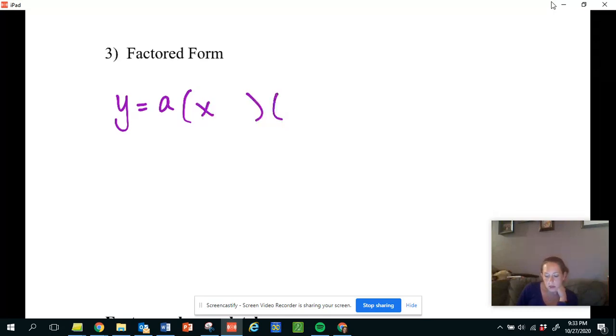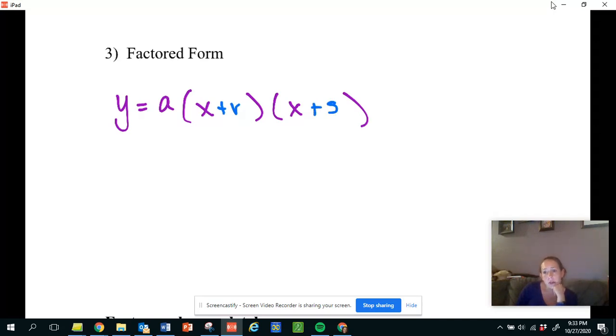But then you have two sets of parentheses. And inside the parentheses would be like two numbers. We'll call them R and S. I don't know. It could be any two numbers.